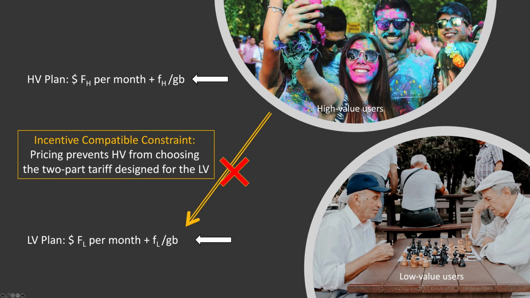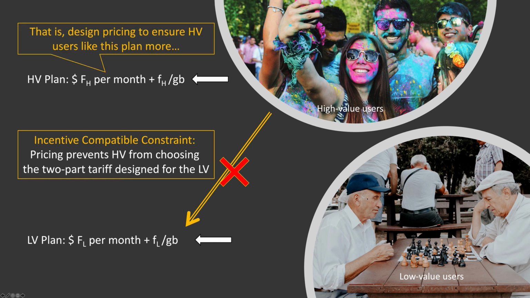That is, we need to price to prevent the high value segment from choosing the two-part tariff plan designed for the low value segment. Design pricing to ensure high value segment users like their high value plan more than the low value plan. How do we do that then?